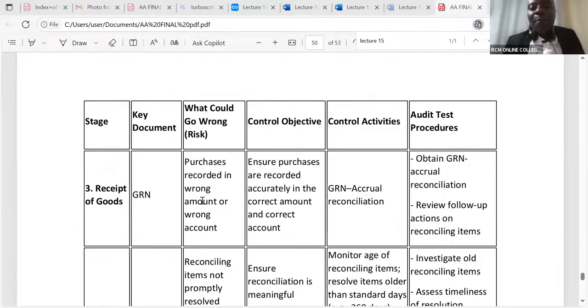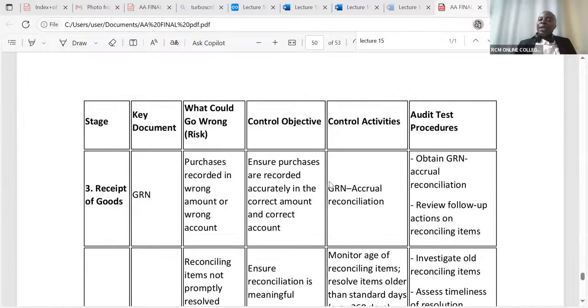What could go wrong? Purchases recorded in wrong amount or wrong account. Yes, even wrong account. So the controls that we shall put in as a firm will ensure that purchases are recorded accurately in the correct amount and the correct account.